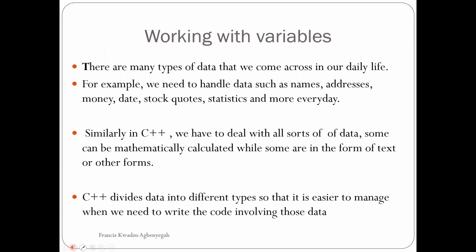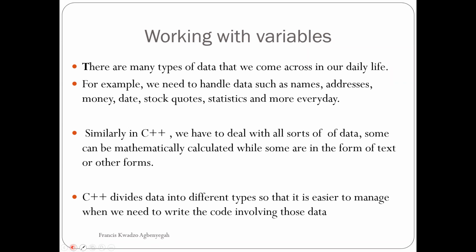There are many types of data that we come across in our daily lives. As you are all aware, today most of you were using your phones. Most of you went to your banks to take money. Most of you did a whole lot of things with data. Some of them will be names, addresses. Maybe you meet somebody and you take the name. You store the name, the address, and then money, date, stock code, statistics.